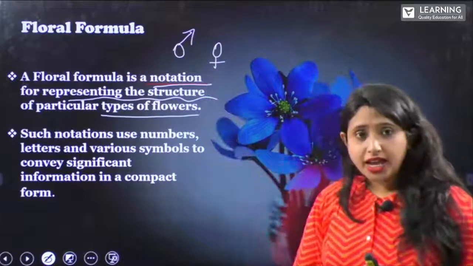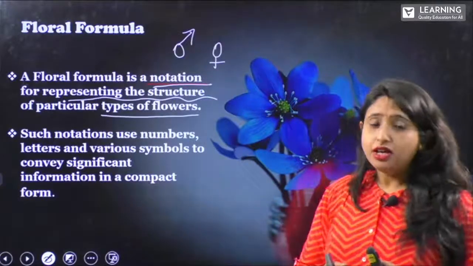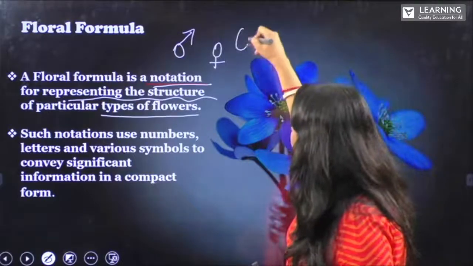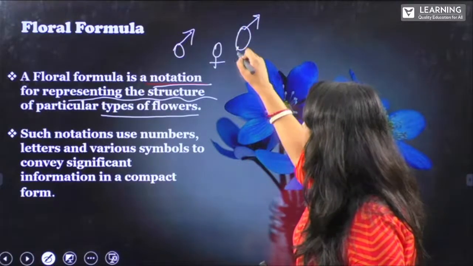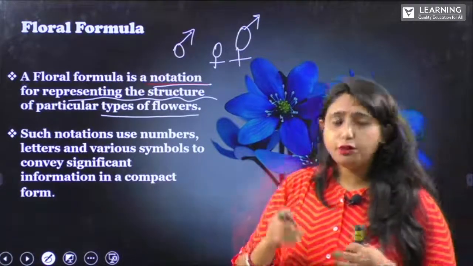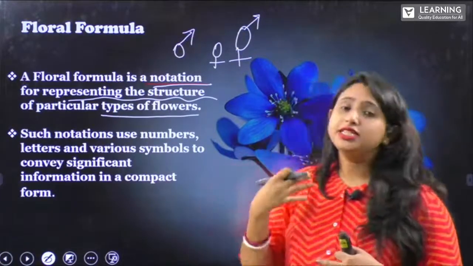It represents male and it represents female. When we talk about a bisexual flower, we can write it like this, that is a flower in which both the male and the female reproductive parts are present, right?